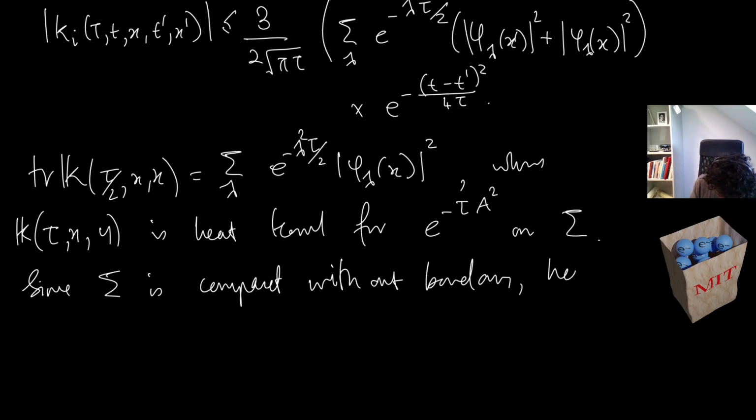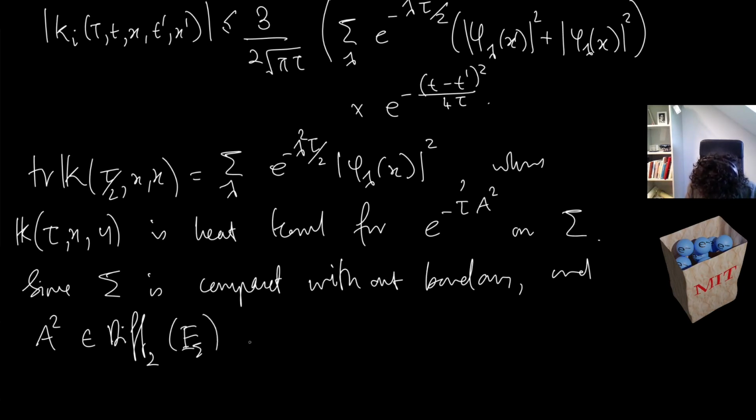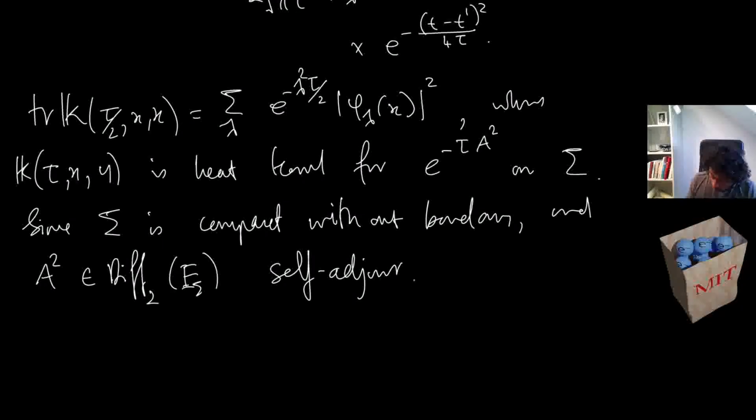And A squared is a differential operator of order 2 on E over sigma, which is self-adjoint. So in particular, it has domain H2.